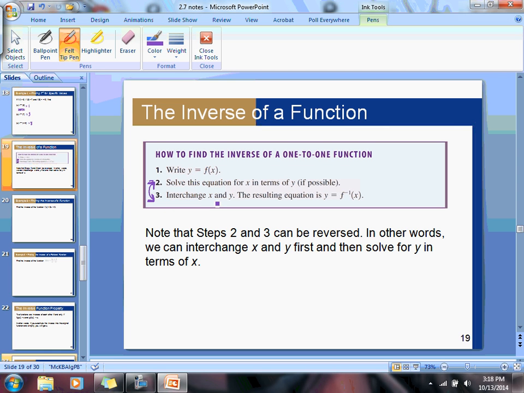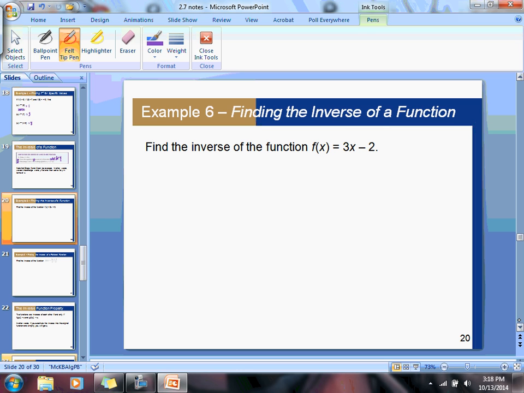Then we're going to switch the x and y values. You're just going to switch those variables around, basically. You're just going to make all the x's y's and all the y's x's. And then you're going to solve the equation, and we're actually going to be solving for y, not x. So as we go through our next example, I'll illustrate those steps a little bit clearer than what was in the chart in your book.